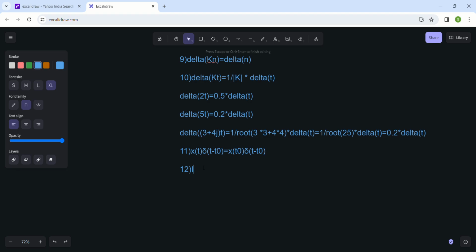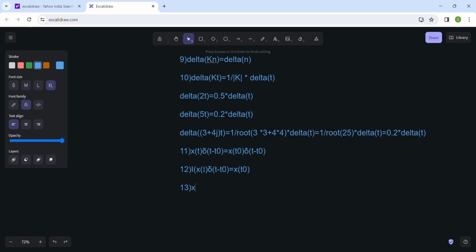The integral of x of t into delta of t minus t naught gives x of t naught.